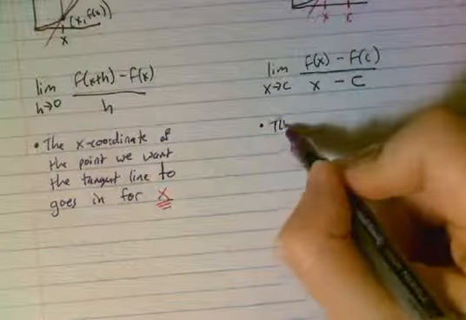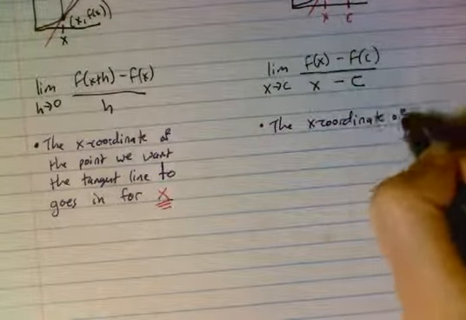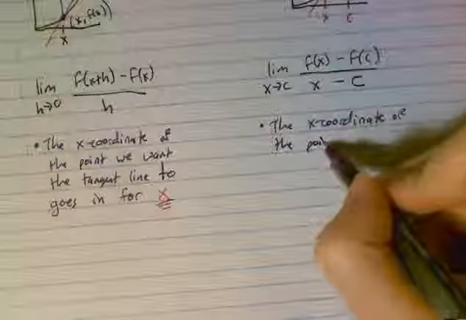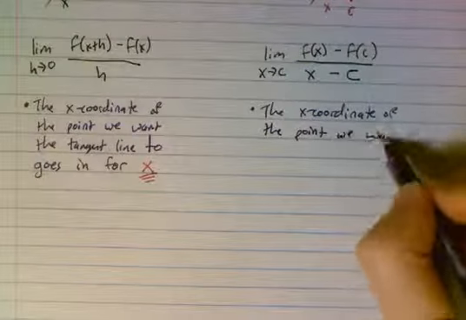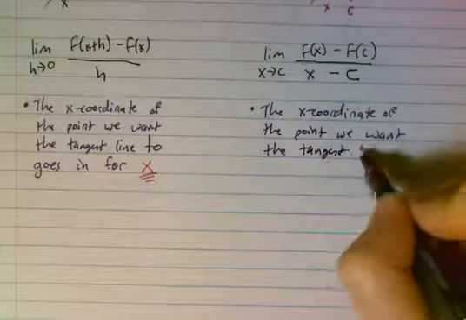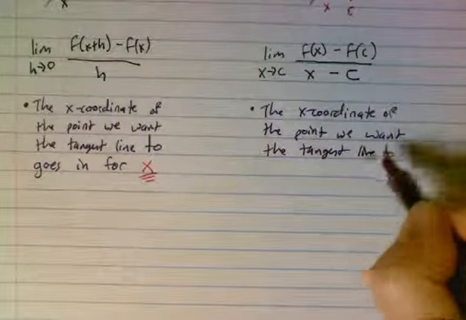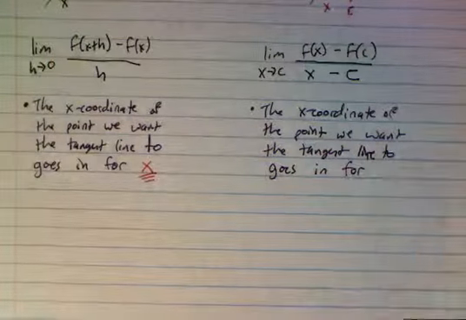On this one, the x-coordinate of the point we want the tangent line to goes in for c.